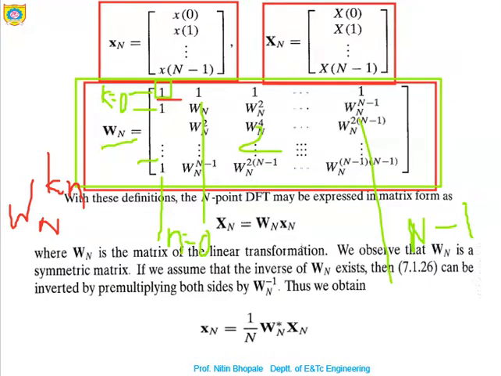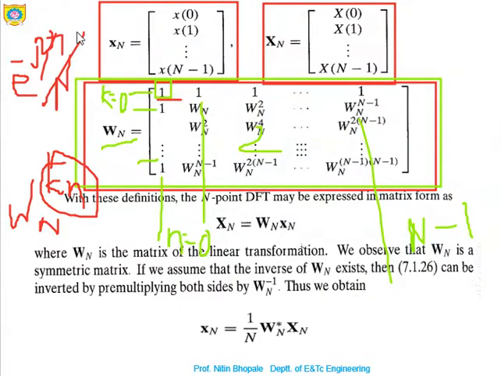But how does this Wn raised to kn come? That is with the expression mentioned at the start of the lecture, that X of k is equal to summation n is equal to 0 to n minus 1 of x of n Wn raised to kn. To prepare this Wn raised to kn, for the first element, k is 0 and n is 0, so obviously Wn raised to 0, that is e raised to minus j 2 pi by capital N, this entire term raised to 0, is the value.